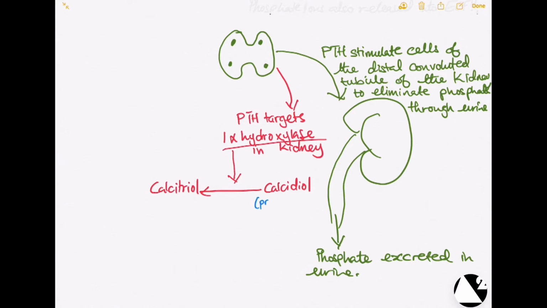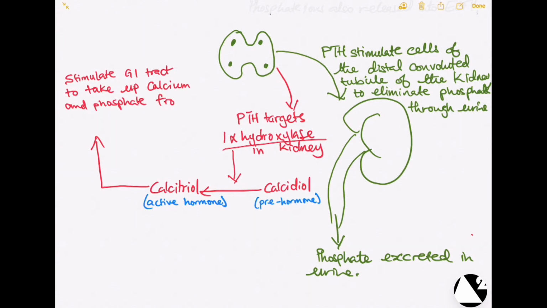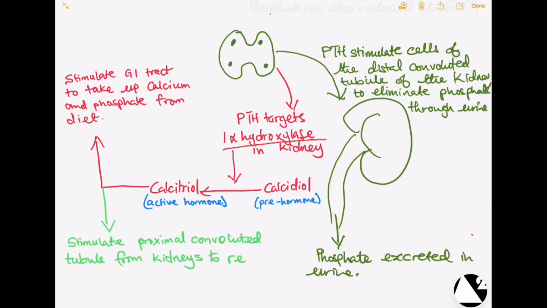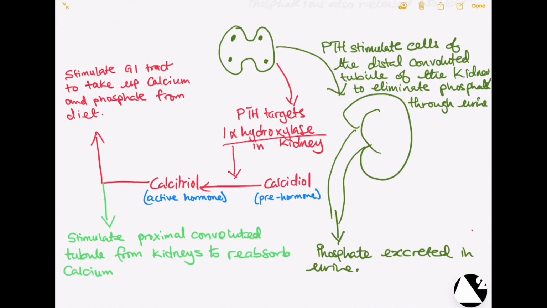Now, calcidiol is the pre-hormone, the inactive version of vitamin D, and calcitriol is the active form of vitamin D. Now, calcitriol stimulates the GI tract to absorb calcium and phosphate. It also stimulates the proximal convoluted tubule in the kidneys to reabsorb calcium ions from urine.